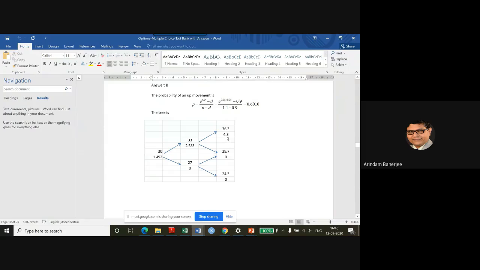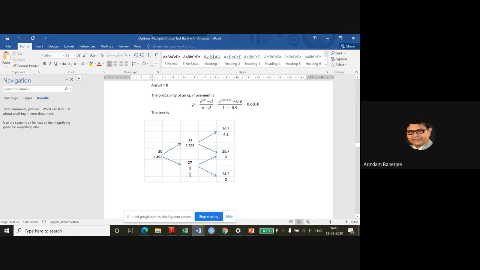So 4.3 into 0.6010 plus 0 into 1 minus 0.6010. If I calculate this, I will get this value 2.533.